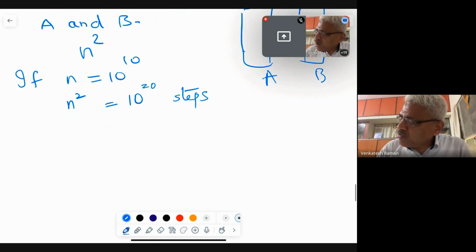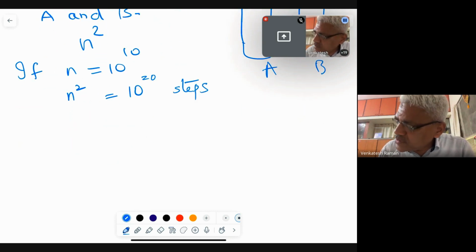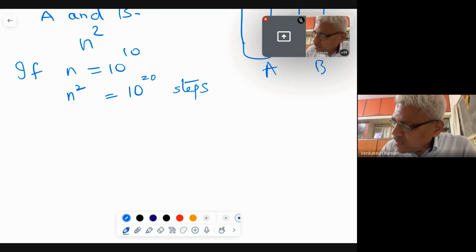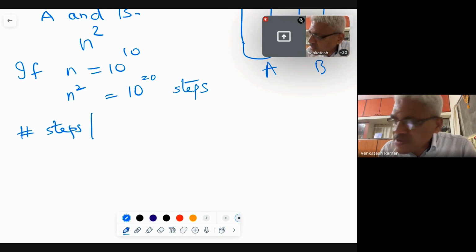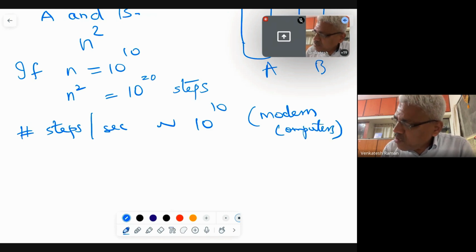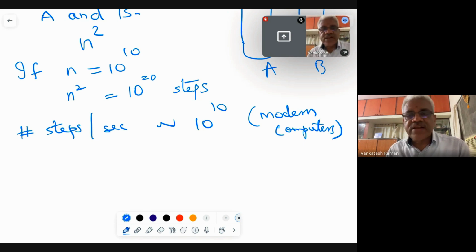Okay. So now if you make the assumption that the number of steps per second your modern computer can perform is about 10 power 10. Modern computers can perform a billion instructions in 1 second. So how many seconds will this algorithm take?